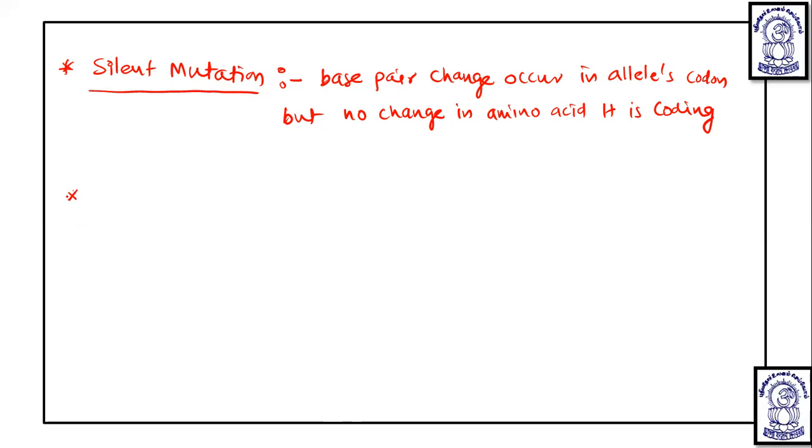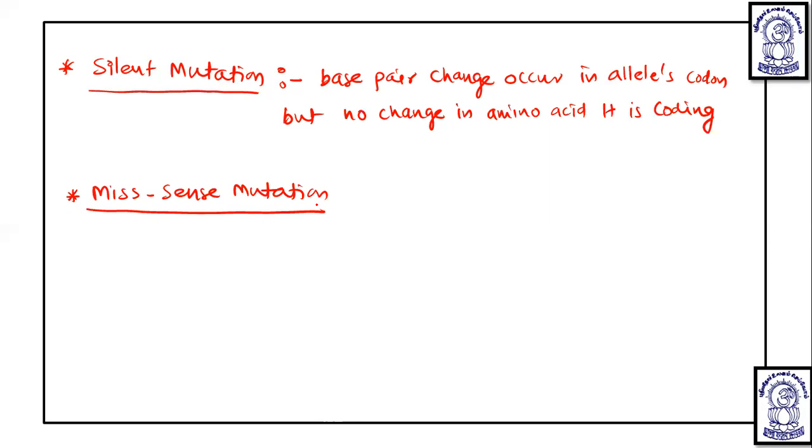The next mutation is known as missense mutation. In missense mutation, dear students, transition or transversion of DNA base pair can give rise to the missense mutation. Why?